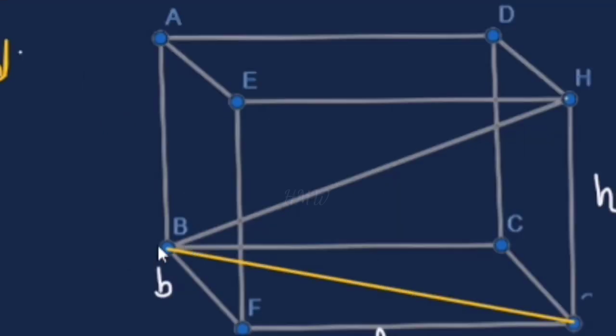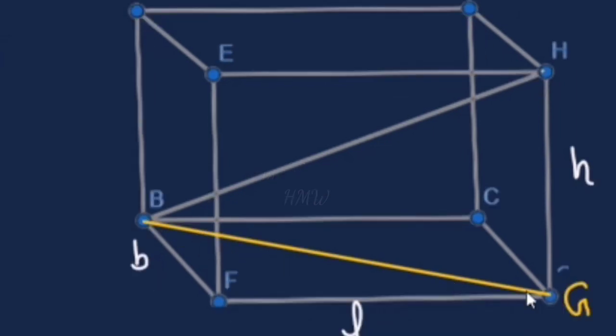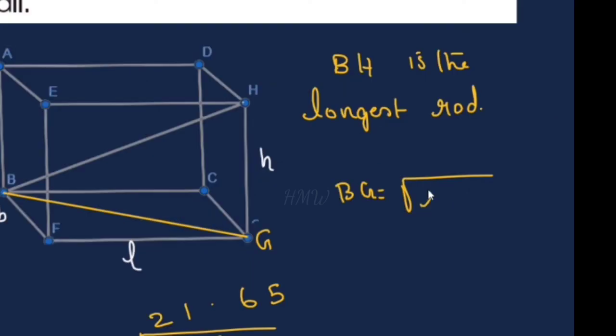To find BH, let us first find BG. You can use the Pythagoras theorem. It's a cuboid, so this angle is 90. So BG is root of L square plus B square.